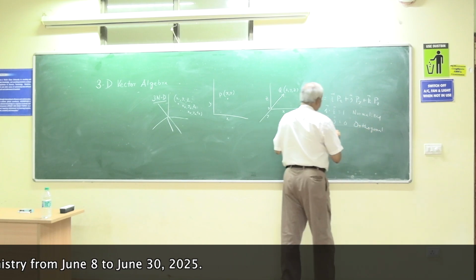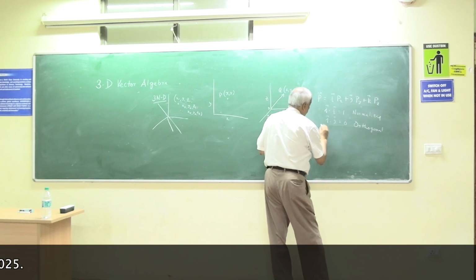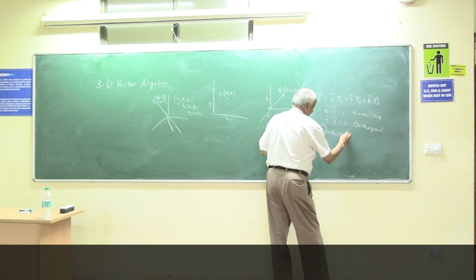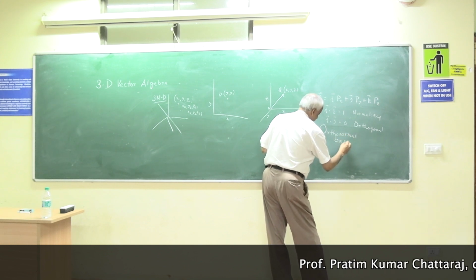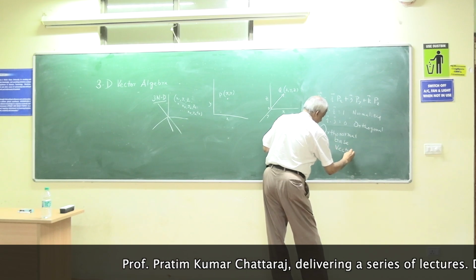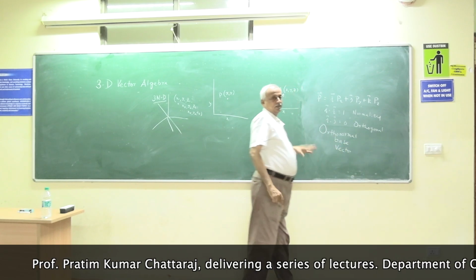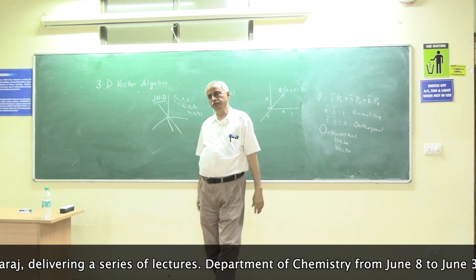The meaning of this is that i, j, k are orthonormal base vectors. They are called base vectors, sometimes basis vectors also. That is the basis of your expansion, the linear combination.